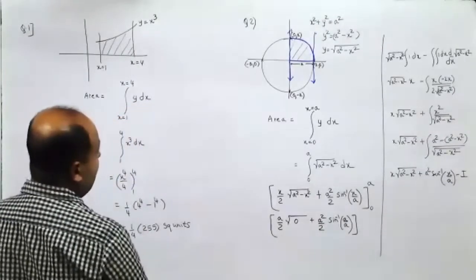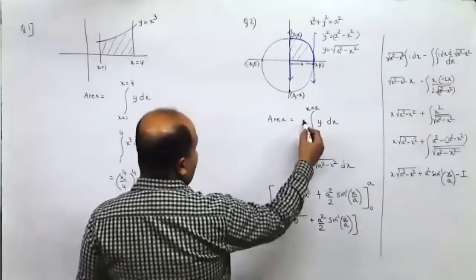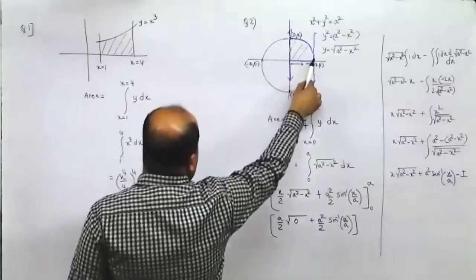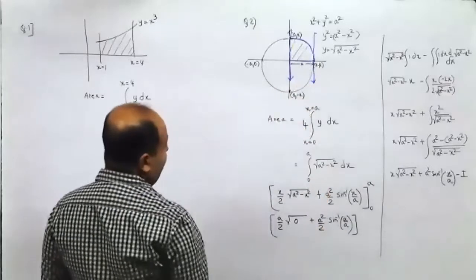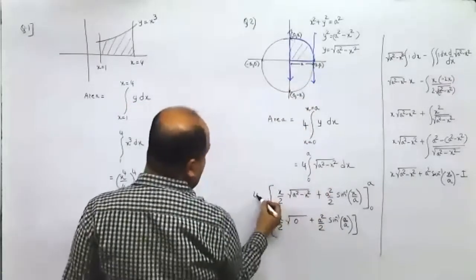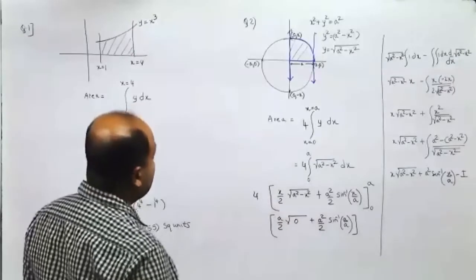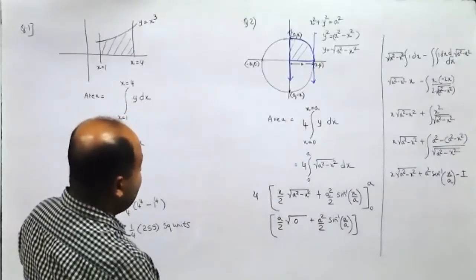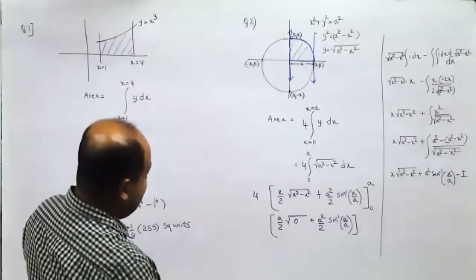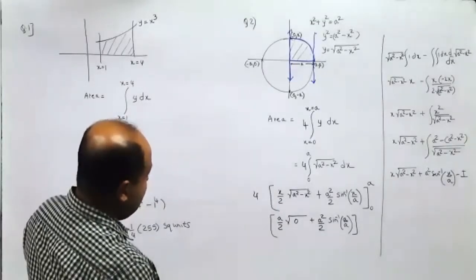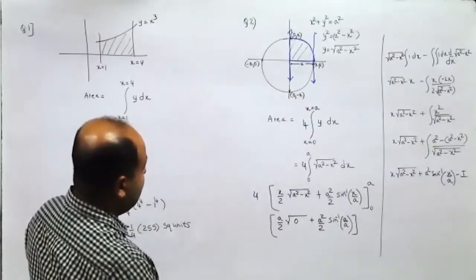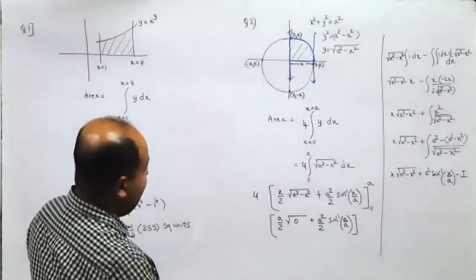Oh, I have to multiply it with 4 also, because this is the area of one part. I'll have to multiply it with 4. So this would be 4 here, x upon 2 root of a square minus x square, and this would be a square upon 2 sine inverse x by a.